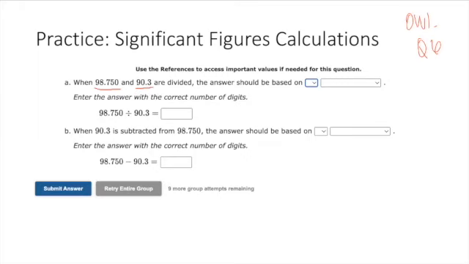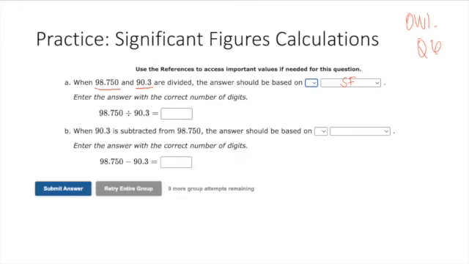So when we're multiplying or dividing, we're talking about sig figs, specifically the least amount of sig figs. First, let's identify how many sig figs are in 98.750. All non-zero digits here count, plus the trailing zero, because it comes after a non-zero digit as well as a decimal.